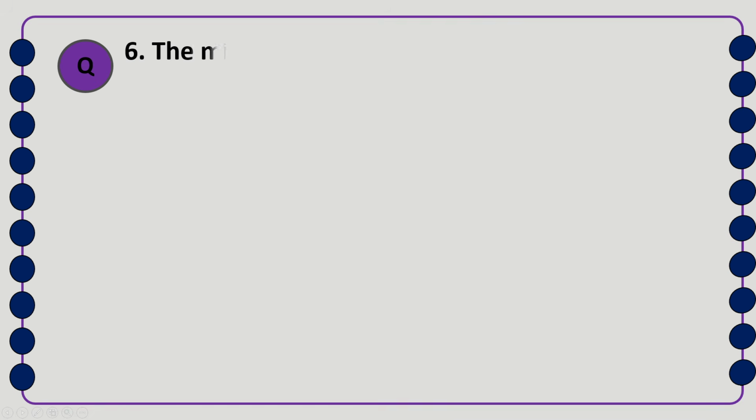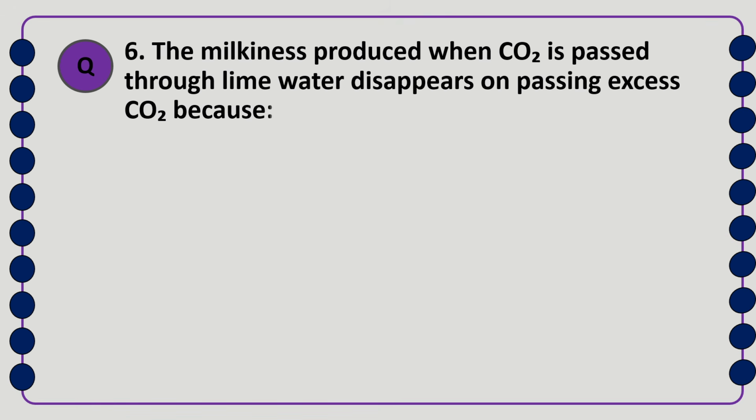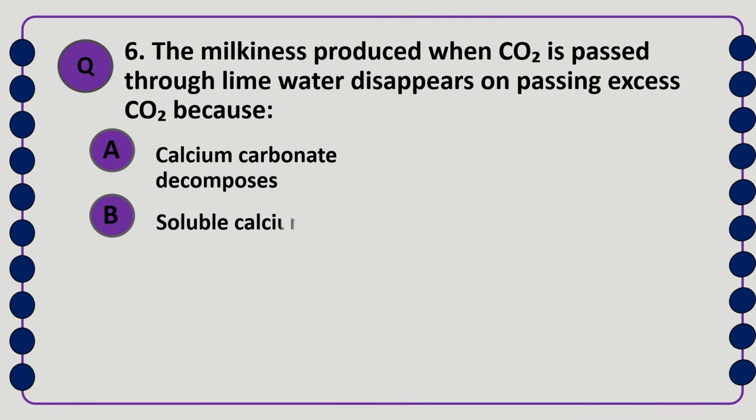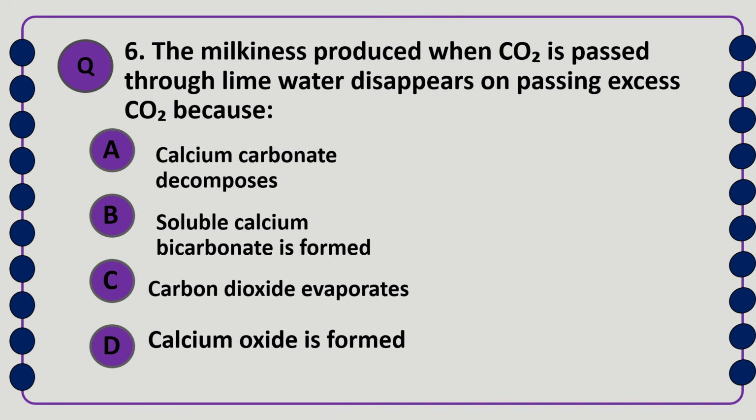Question number 6. The milkiness produced when carbon dioxide is passed through lime water disappears on passing excess carbon dioxide because calcium carbonate decomposes, soluble calcium bicarbonate is formed, carbon dioxide evaporates, or calcium oxide is formed.